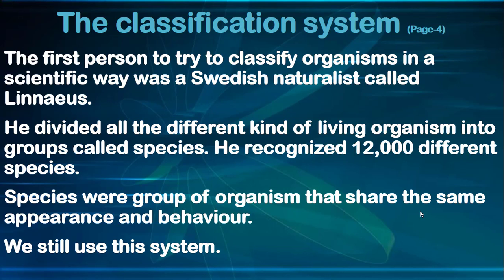For example, a mule cannot be called a species because it is produced from the combination of a horse and donkey, but the mule cannot produce organisms of its own kind. Horses, donkeys, dogs, humans, plants, animals, all these are species because they can produce their own kind, and the organisms produced can also produce their own kind.